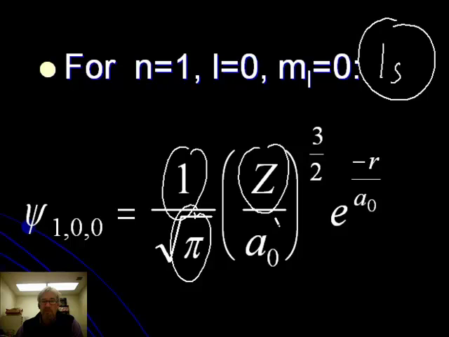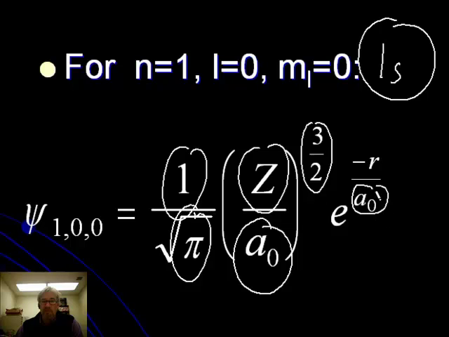It's just the charge in the nucleus. A naught is a constant number. You don't have to know what it is, but it's constant. 3 and 2, of course, are constant. E is a constant, and it's raised to a ratio of r and a constant. R is the only one of our 3 variables here that can actually change. So this depends only on the value of r. That means it's symmetrical in all axes.